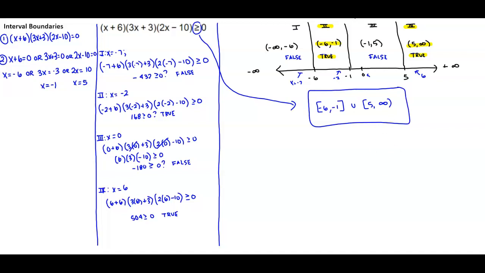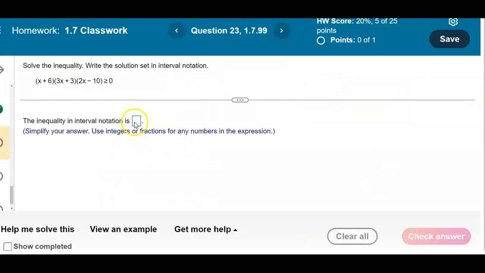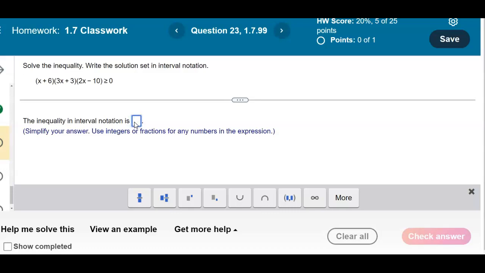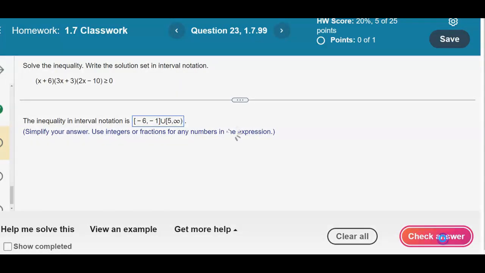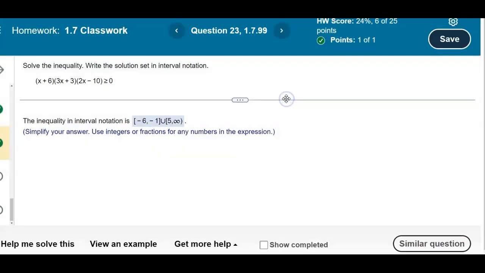Let's go ahead and put that in there. So we have bracket negative 6 comma negative 1 with a bracket, union, and then bracket 5 comma infinity with a parenthesis. Check our result, and there is our answer.